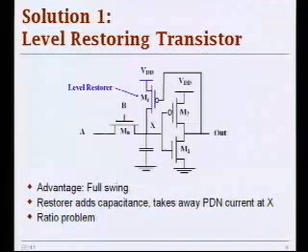Now, how do we go about this? Sometimes we really want to use pass transistors because we want to reduce the number of gates or number of transistors that we have. It turns out that we only get this problem when we try to interface pass transistors with static CMOS.